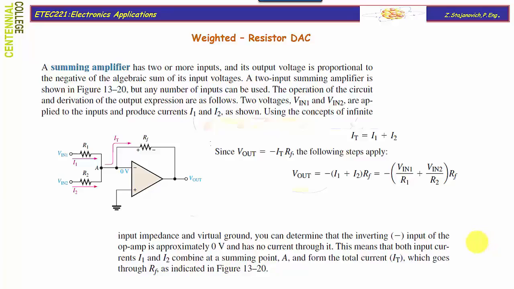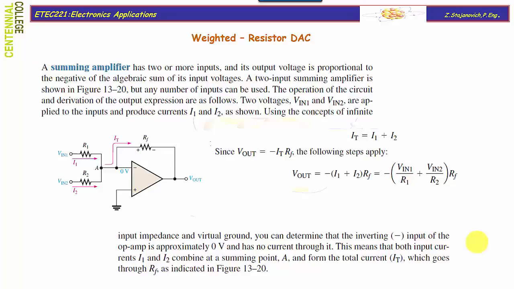Substituting currents I1 and I2 in this expression using simple Ohm's law, I1 becomes VIN1 over R1 and I2 becomes VIN2 over R2. This is the expression which indicates that the output voltage is proportional to the sum of the input voltages.